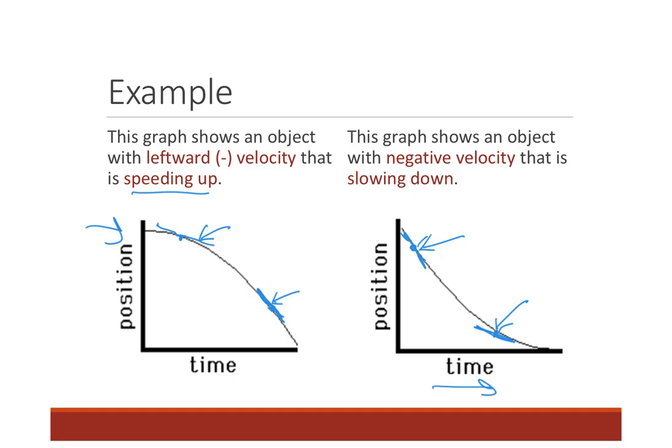And so this is an object that is slowing down. Again, it is moving with a negative velocity. That means that the acceleration is going to be in the opposite direction, because slowing down is caused by opposite directions of motion, velocity, and acceleration. So velocity to the left, acceleration to the right on this second graph.